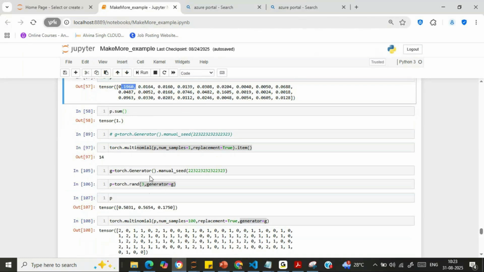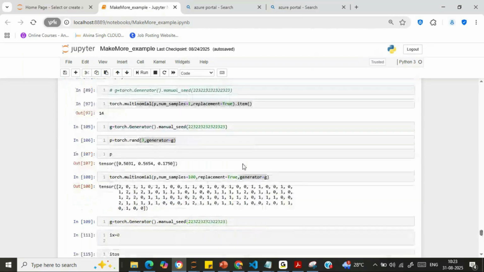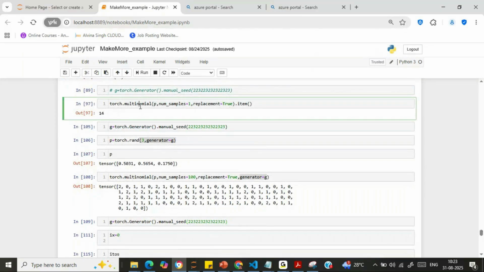Inside deep learning, in the PyTorch library, we have one function, multinomial. What this function is doing is, if I'm providing an input and I want to have certain samples from that given input, I will be able to get the most likely output.